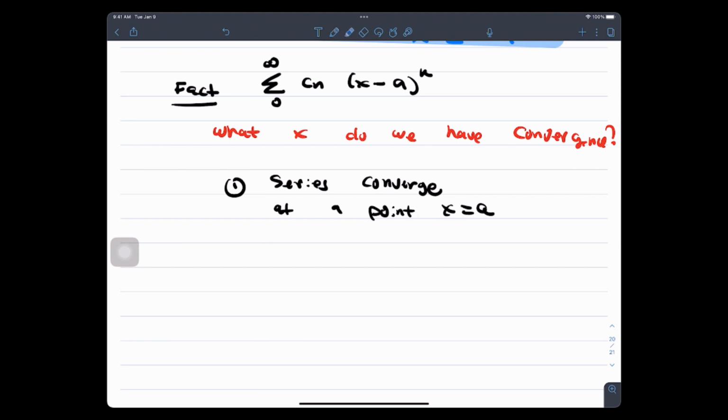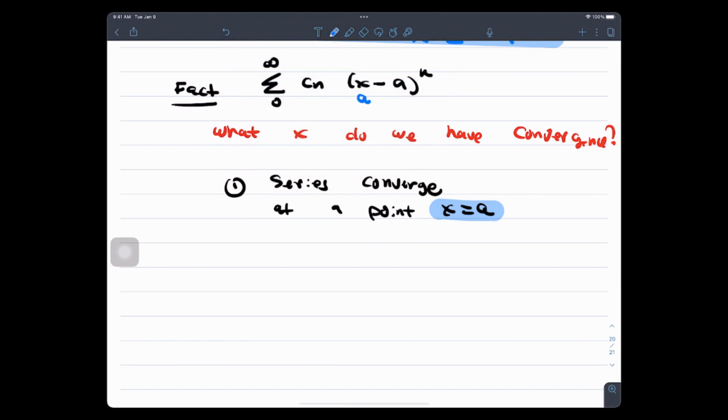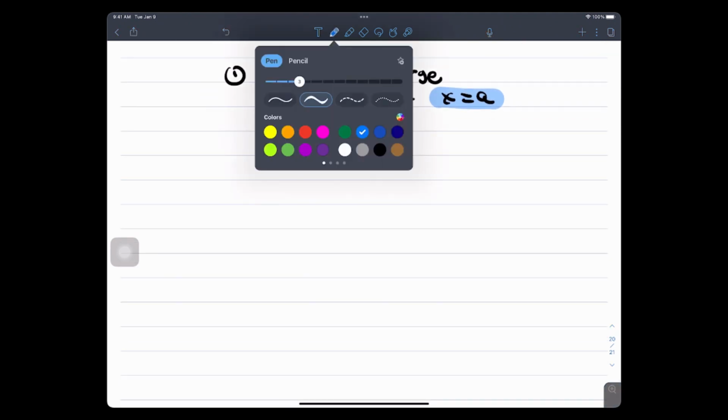Converges at the point A. It's kind of like a trivial solution. So it converges at A. That means the value of x is A. So notice what happens if we plug A in here for x. We get that trivial 0. If we add zeros forever, the sum is 0. This is like a trivial solution. Okay, x is A. Yes, you get convergence. That's finite.